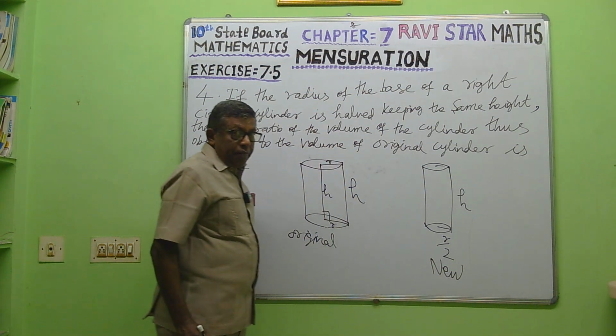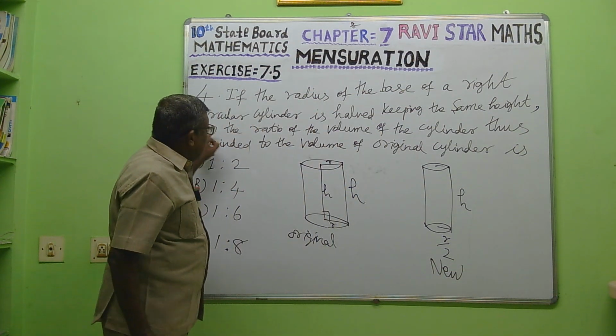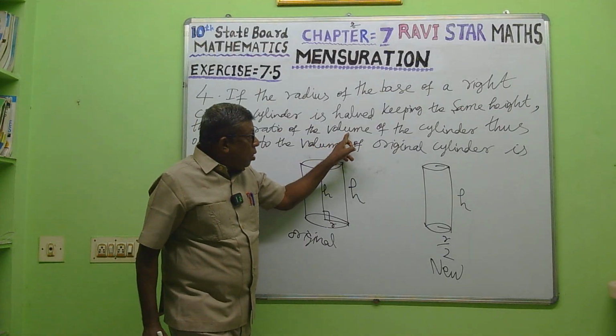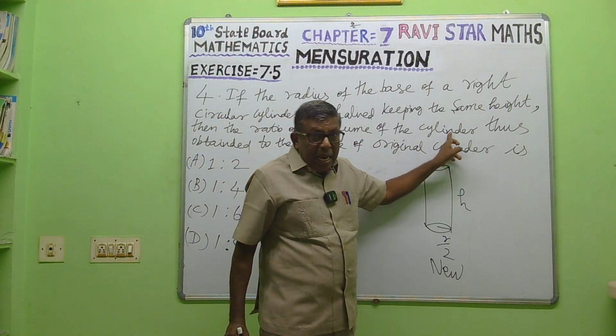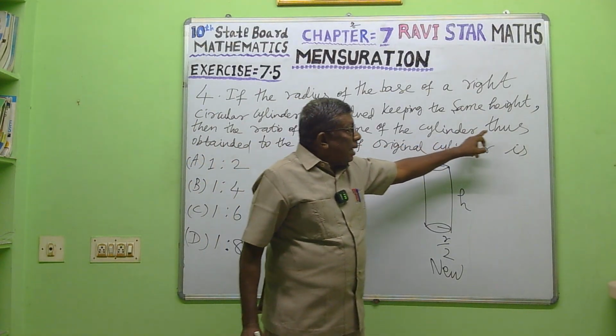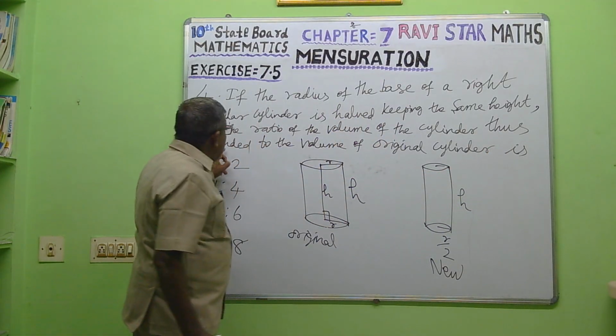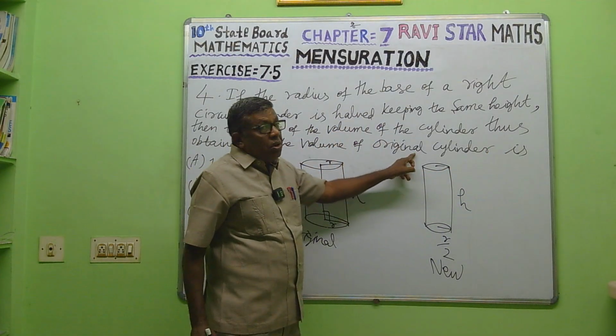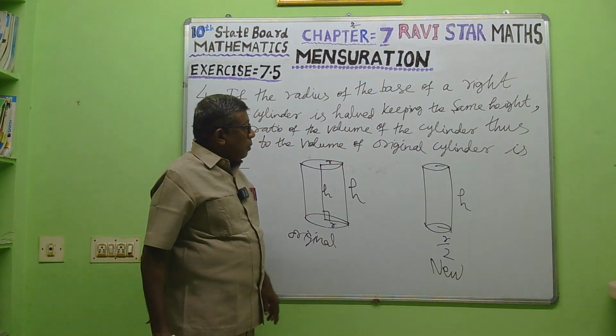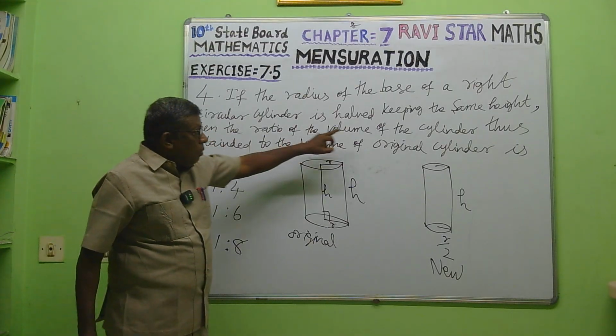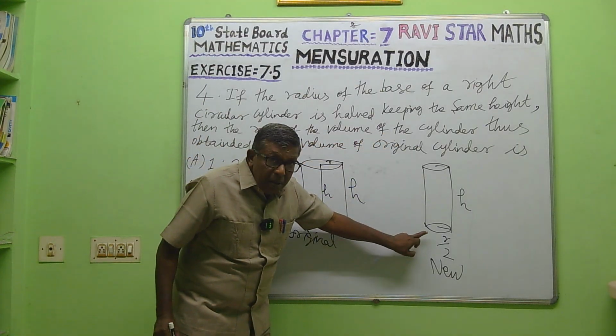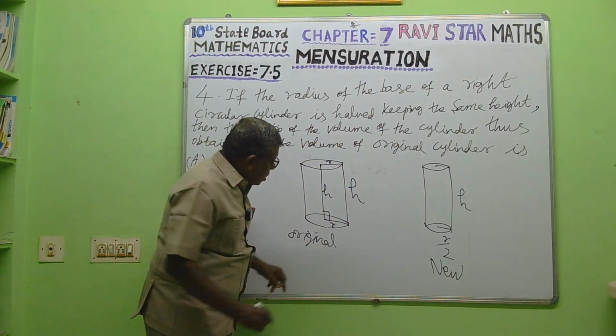New cylinder. என்ன கேட்டிருக்காங்க? Then the ratio of the volume of the cylinder thus obtained to the volume of the original cylinder. It is second cylinder. This is first cylinder.